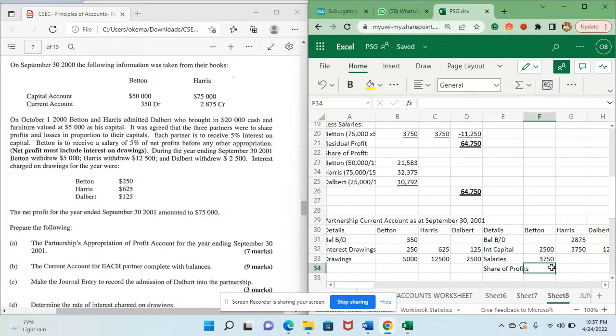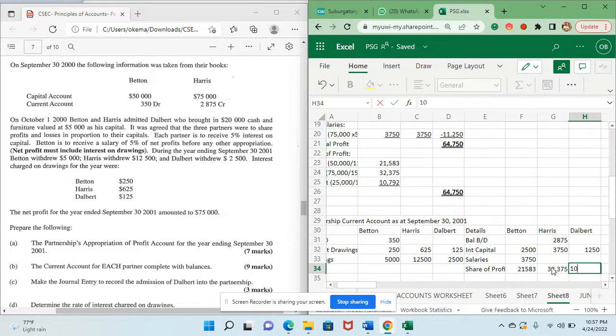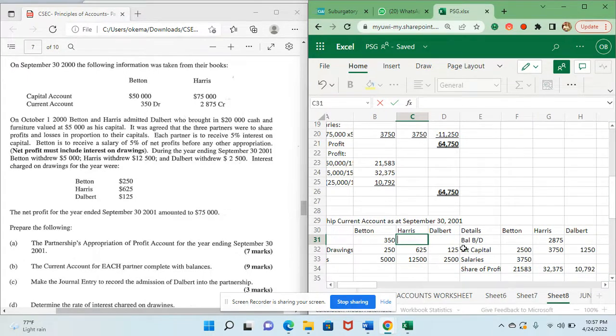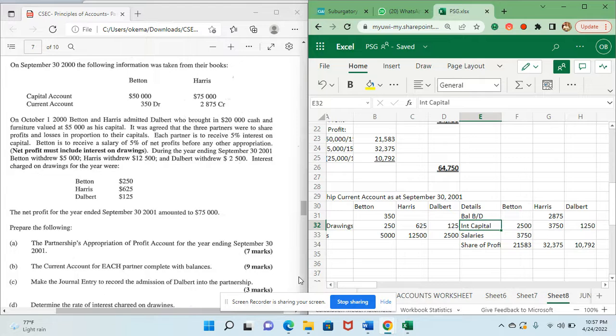And our share of profit, so this would have been 21,583, 82,375, and 10,792. Okay. So just by looking at these items, we already know that our credit side is the bigger side, right?